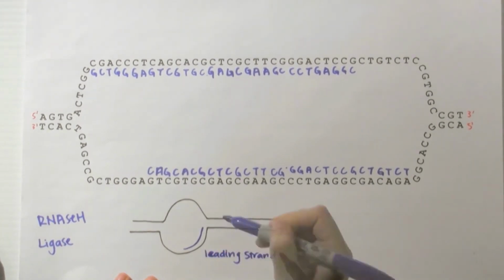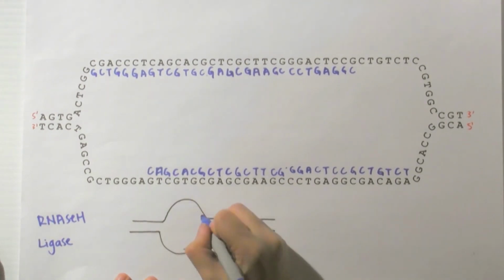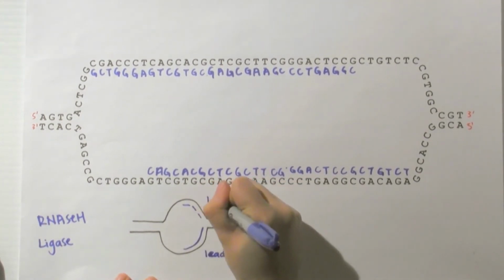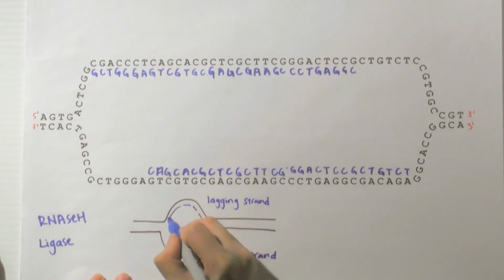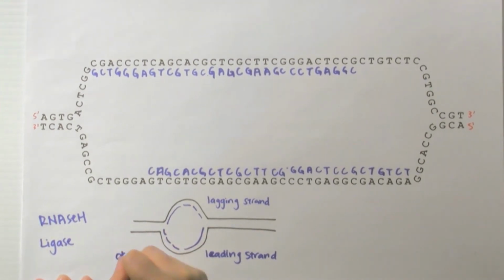And on the top template strand here, DNA synthesis was happening discontinuously, and that's what we call the lagging strand. Now, if you switch over to the left replication fork, however, you'll see that the top template strand is where leading strand synthesis occurs, and the bottom template strand is where lagging strand synthesis occurs. And each of these little fragments of the lagging strand are called Okazaki fragments.